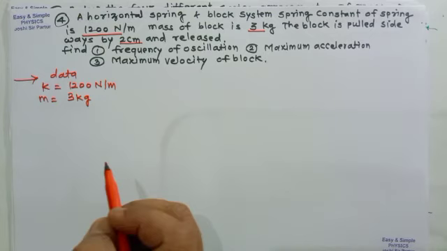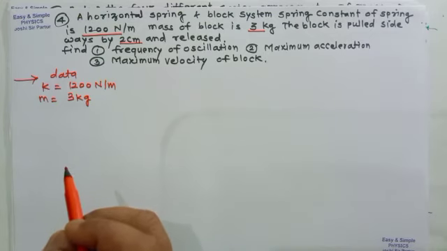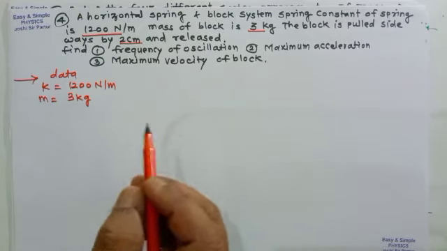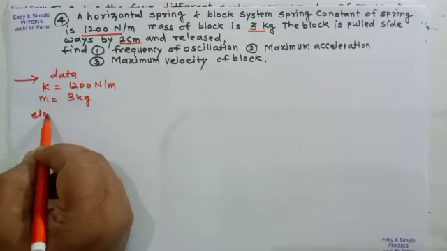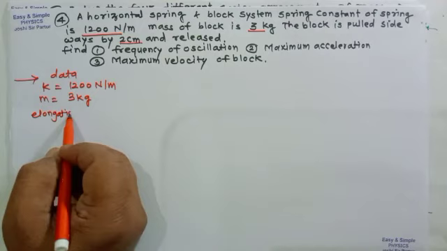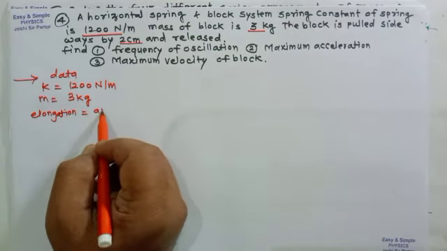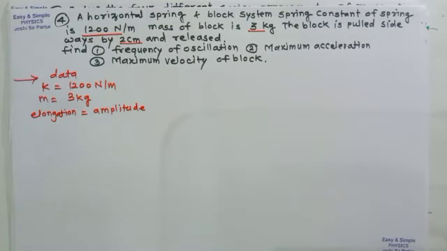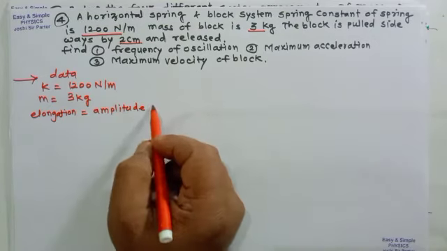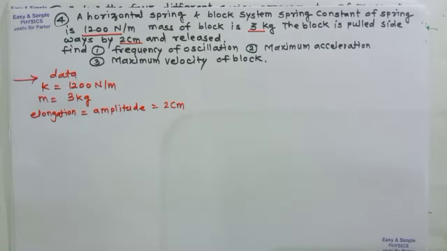The block is pulled sideways by 2 centimeter. So here the elongation will be the same as the amplitude, meaning the maximum distance from the mean position. So it will be 2 centimeter, and release.